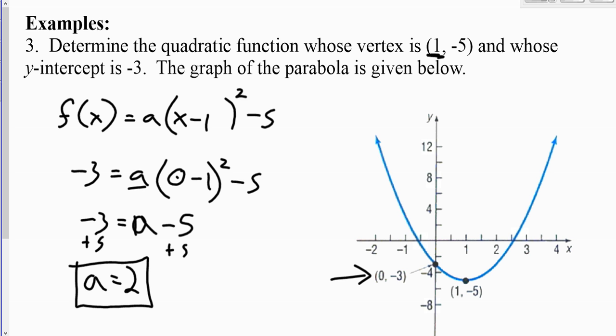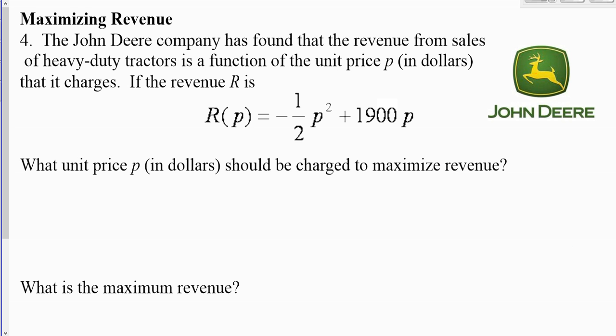It's positive, so it opens up, so it makes sense. So my final equation here is f of x is equal to 2 times x minus 1 squared minus 5. Okay, so we should be able to look at a graph and given a couple points, come up with the equation as well. Next example, dealing with the word problem.